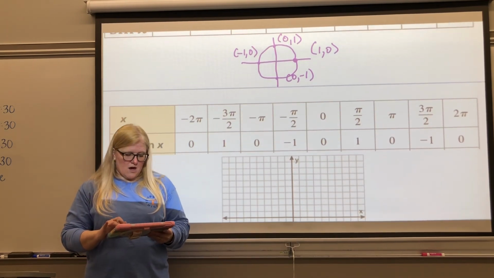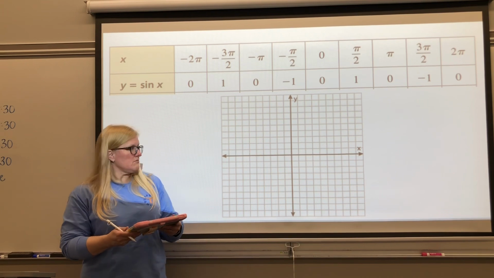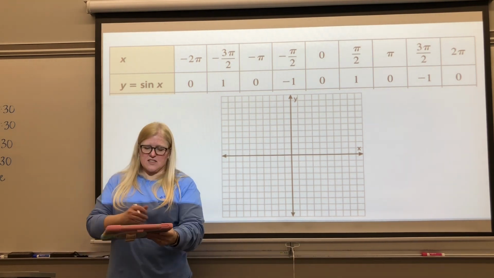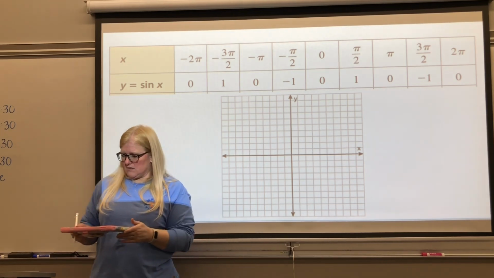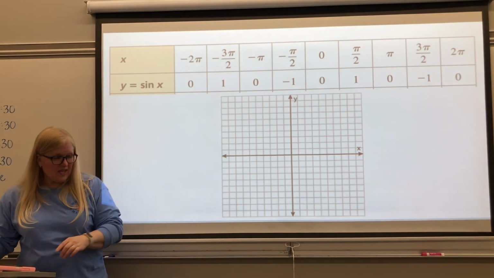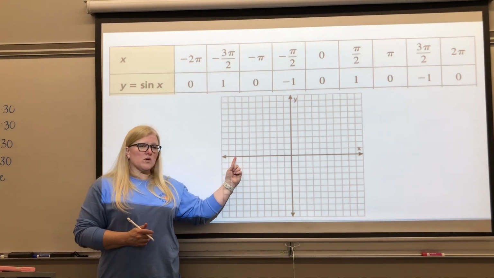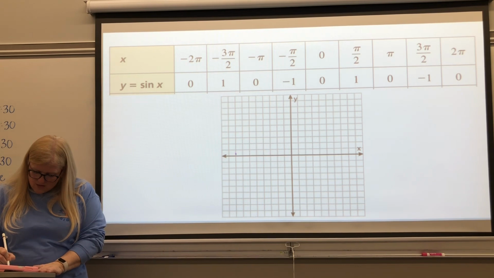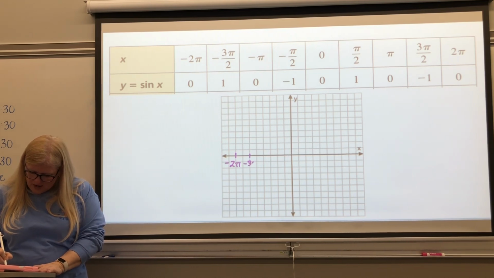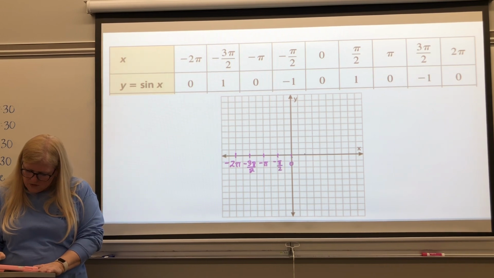All right, so here I have it written down, and on this graph, I'm not going to write it to scale, but I'm going to go here where -8 would be, and I'm going to put -2 pi there. So -2 pi, here's -3 pi over 2, -pi over 2, here's 0, and then I just put the rest of them in.